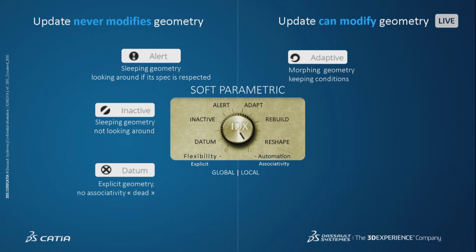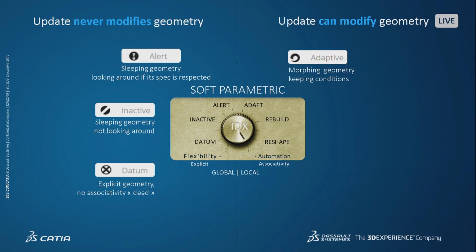So adaptive means if I am doing a fillet again, for instance, and I move the fillet input surface, when I press update, the fillet will not recompute as a fillet, but it will just deform to adjust to its parent change.